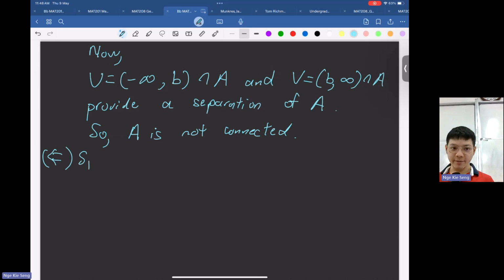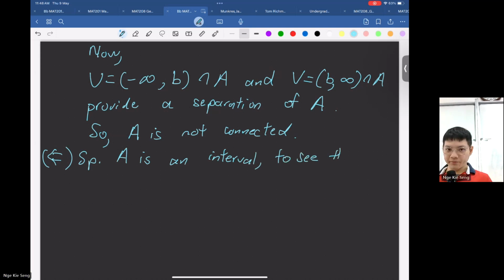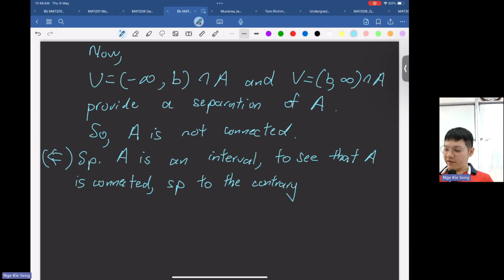So suppose A is an interval. Okay, to see that A is connected, suppose on the contrary that we found a separation for A. So let's say we found a separation for A. Let's call it U, V again.